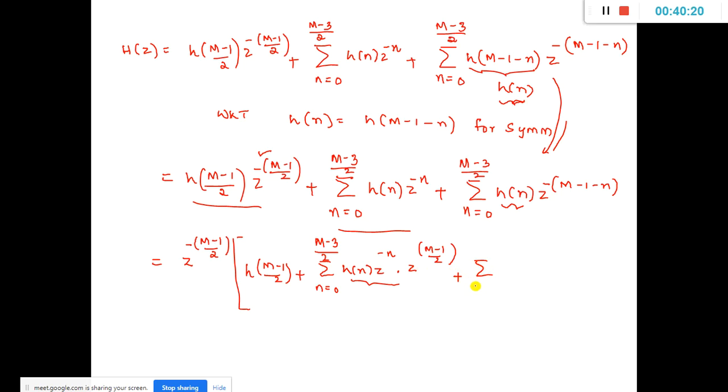Similarly, the next term is written as the summation n equal to 0 to m minus 3 divided by 2 of h of n z raised to minus m minus 1 minus n into z raised to m minus 1 by 2. Same thing again, because this term is getting multiplied with this, the base is the same, the indices are added, so this becomes z raised to 0, which is 1. So the equation is not going to be altered. Okay.